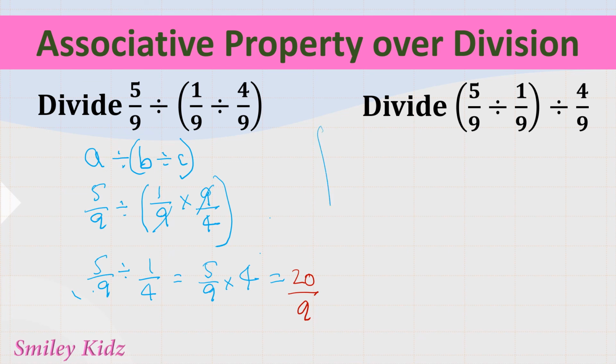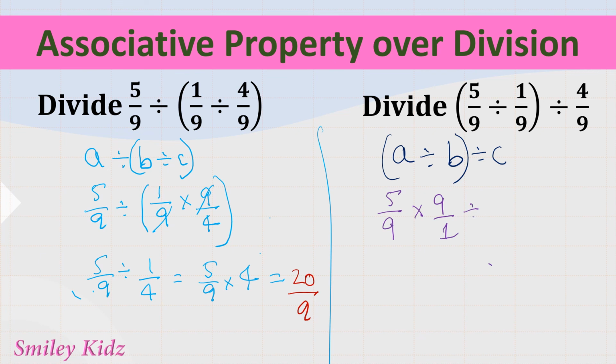Now let's see the second condition, that says (A divided by B) divided by C, where A and B are in brackets. So first let's solve the brackets part. 5/9 multiplied by 9/1, which is divided by 4/9, which is equal to 45/9 divided by 4/9.